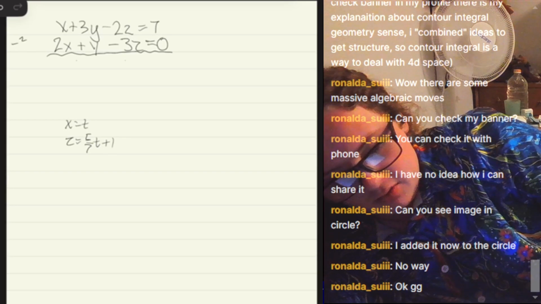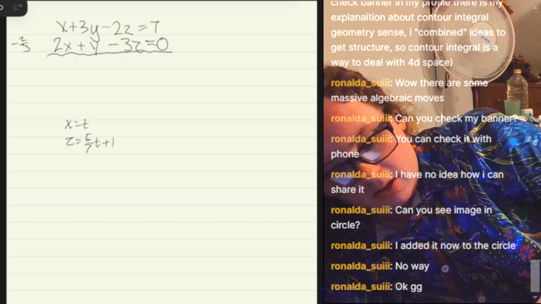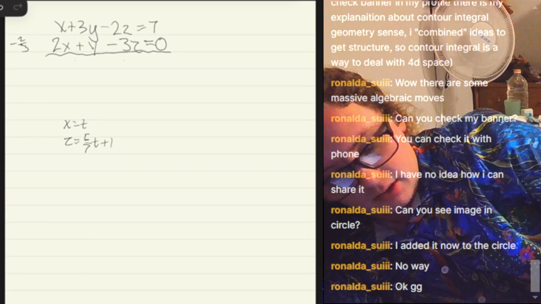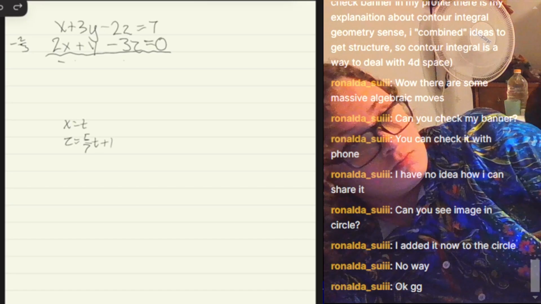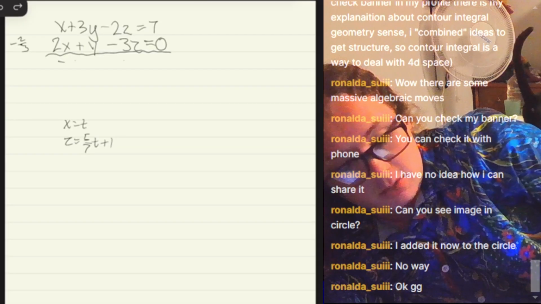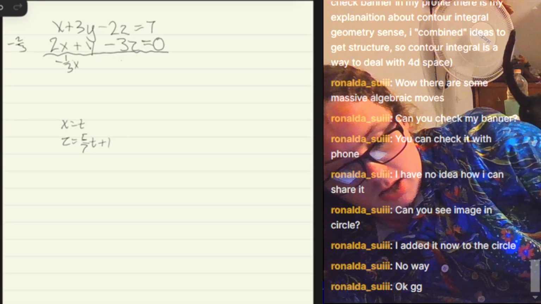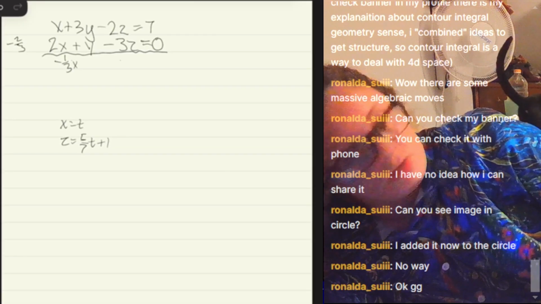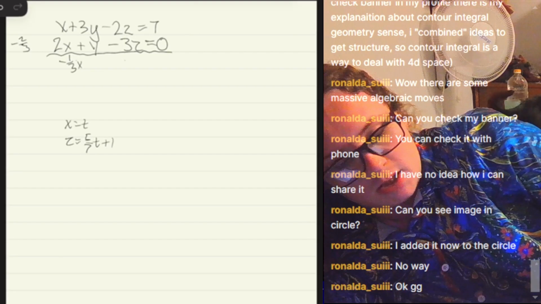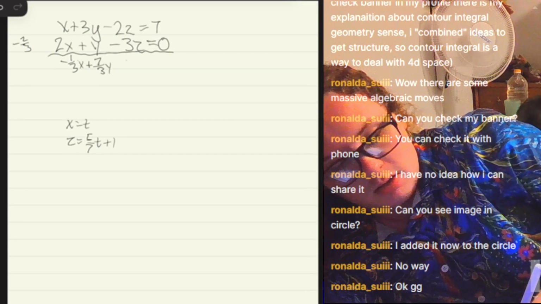We subtract 2/3 times this, and what we end up getting is negative 4/3 plus 1 is negative 1/3 x, and then minus 3 minus 2/3 is 7/3, and the z's go away.